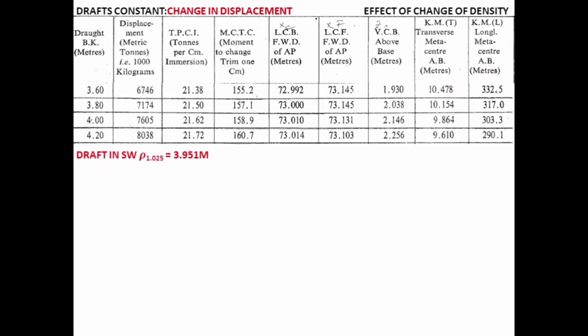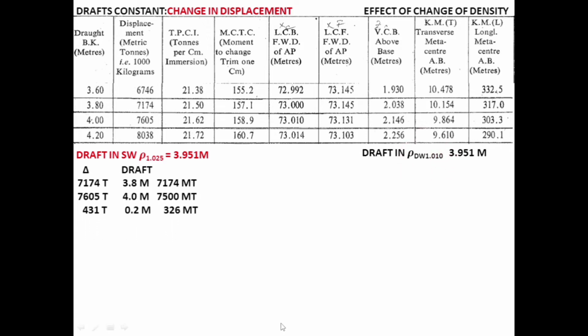So assuming that the draft in salt water is given, and I want the same draft in a different relative density, how do I proceed? First I try to figure out what my displacement is for this draft in salt water, and that is a question of interpolating here.